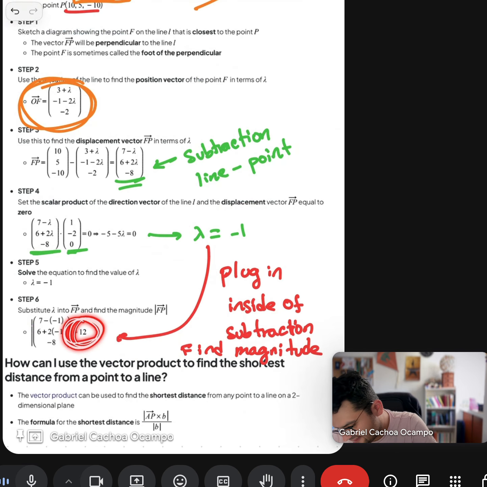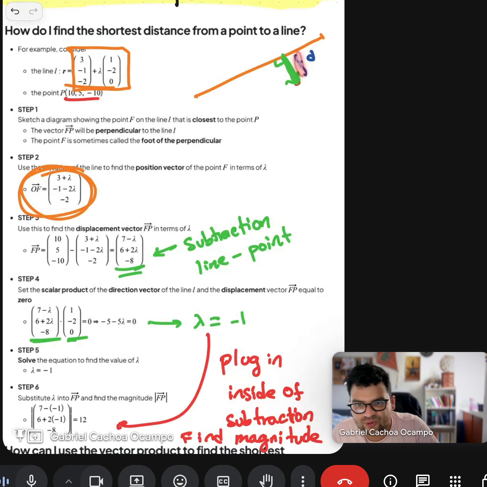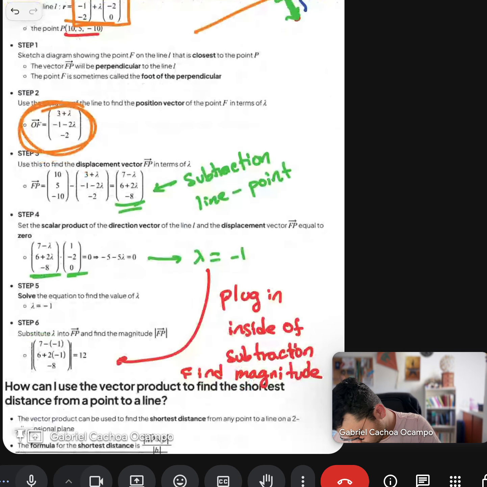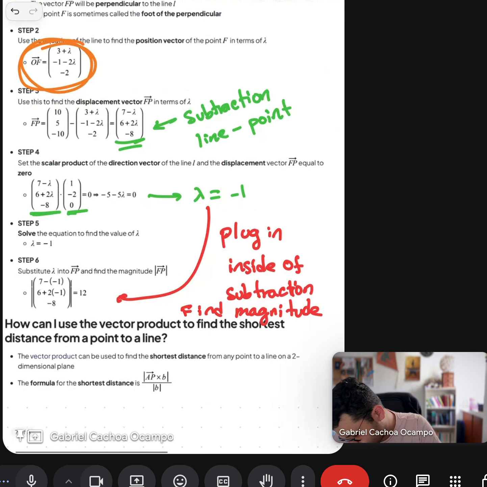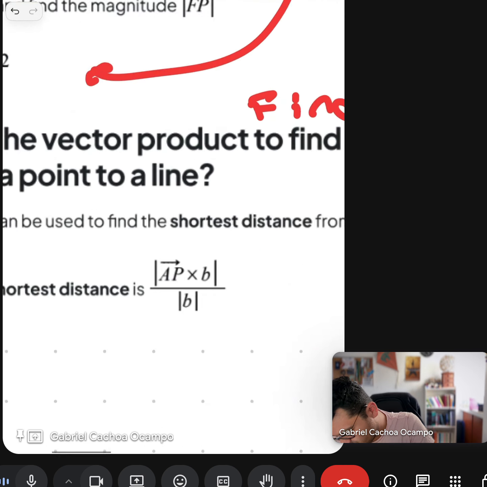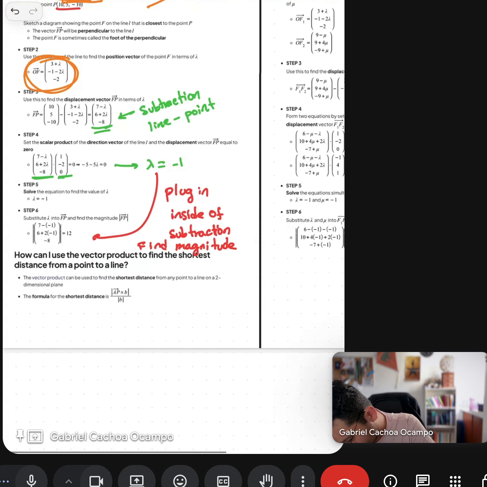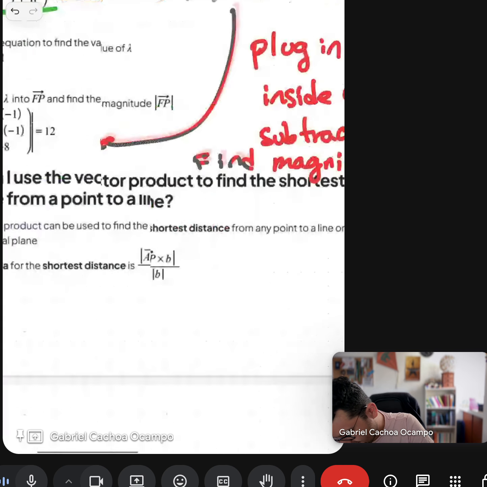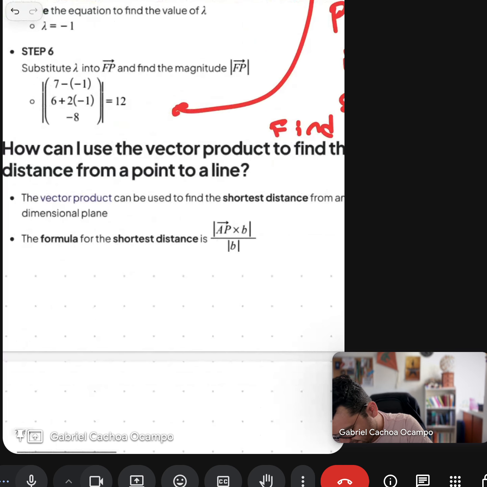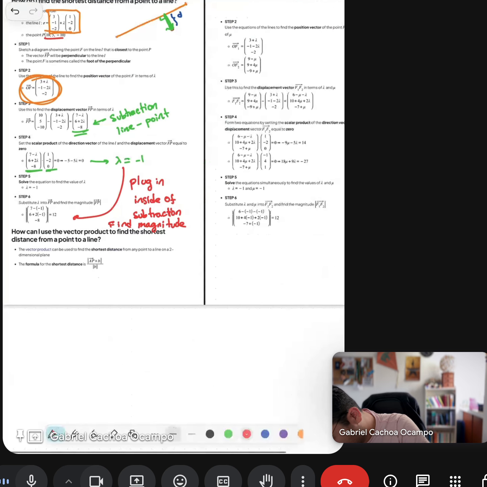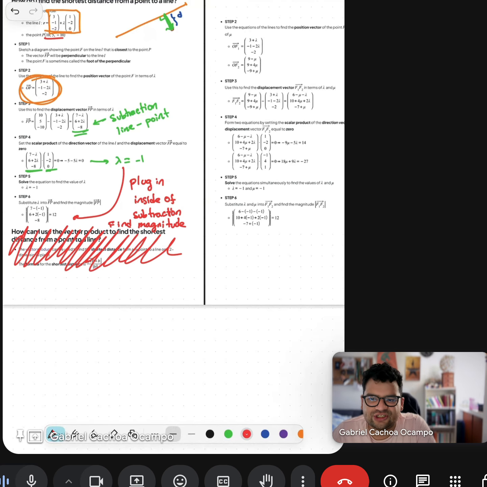This is the distance between the line and the point. For me, this is a very clear procedure. There is an alternative, but I don't want you to use it, sorry. Use what I just said.